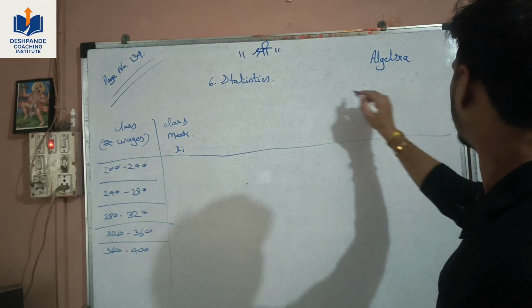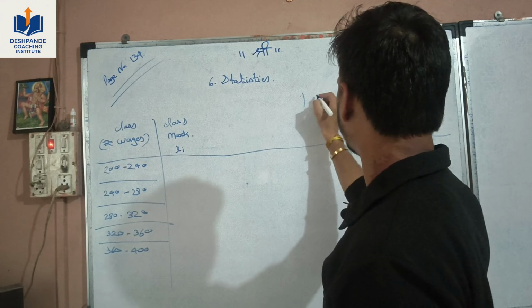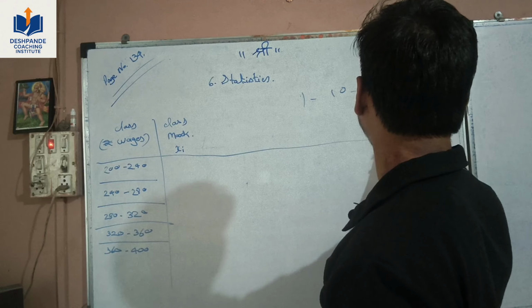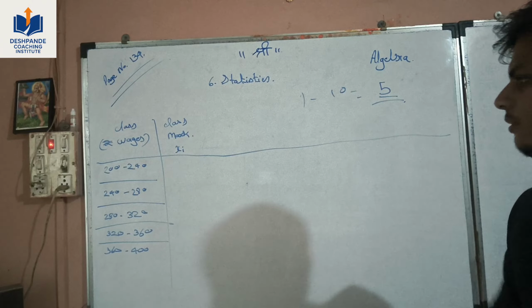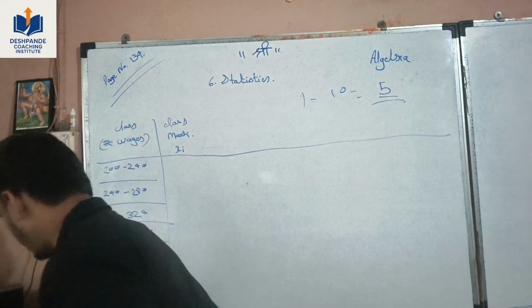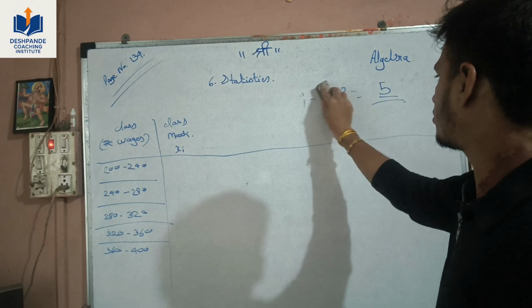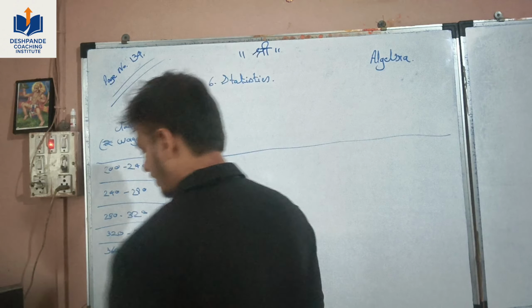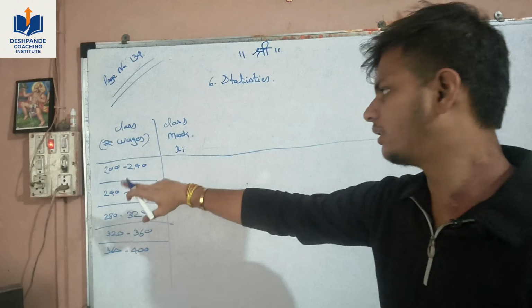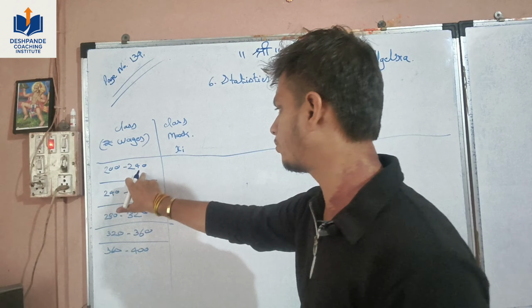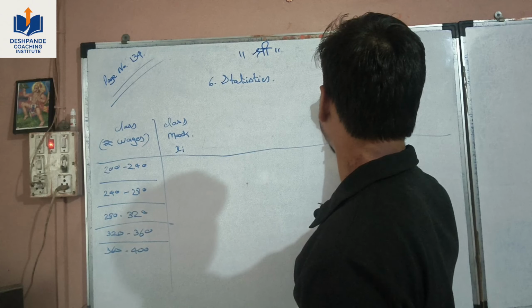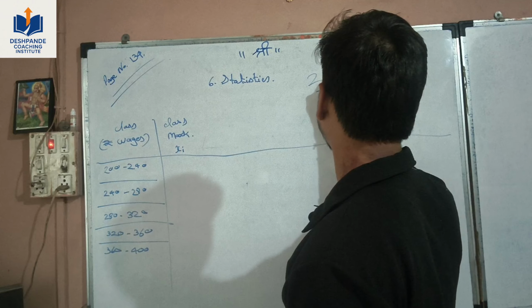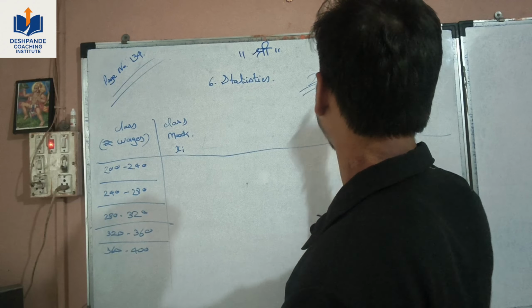If the slot is from 1 to 10, the class mark xi will be 5. Otherwise, just add both figures and divide by 2. 200 plus 240 is 440, and 440 divided by 2 is 220.